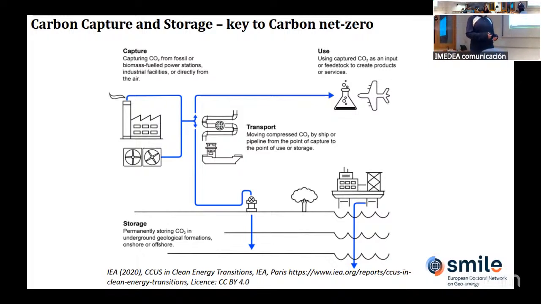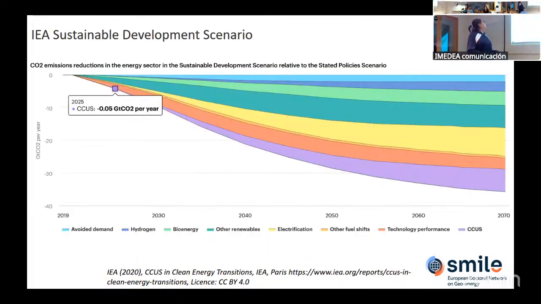This is a very useful tool because, according to reports such as those from the International Energy Agency, in their sustainable development scenario, we can see the overall CO2 emission reductions increase over time.